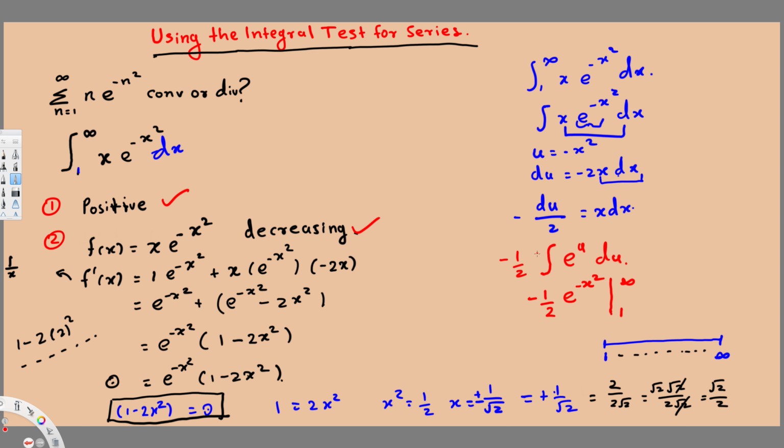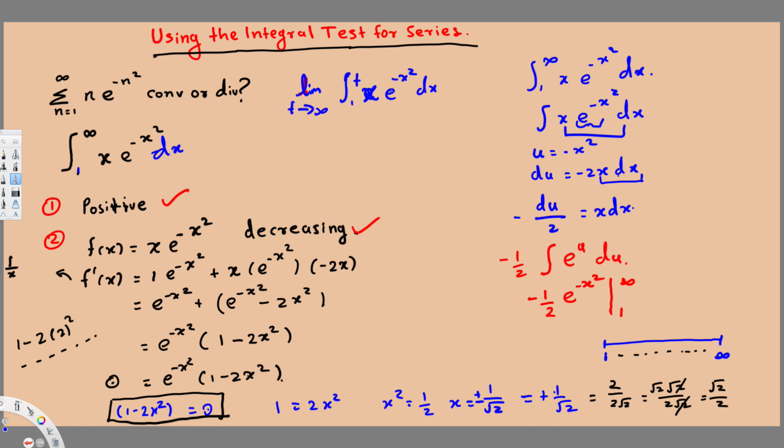Now let's separate this minus half. Let's take the limit for this one. Since this is an improper integral, we take the limit as t approaches infinity, and we plug in the integral from 1 to t of x e power minus x square dx.